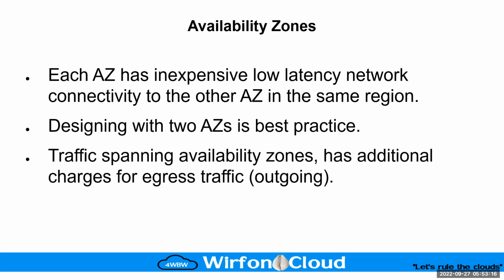Now, traffic spanning availability zones has additional charges for egress traffic. So if you want outgoing traffic, we learned the definition of egress. So yeah, answering your question, Napoleon, bit by bit we are going to be looking at these terms again, and in various topics these terms are going to be coming up.